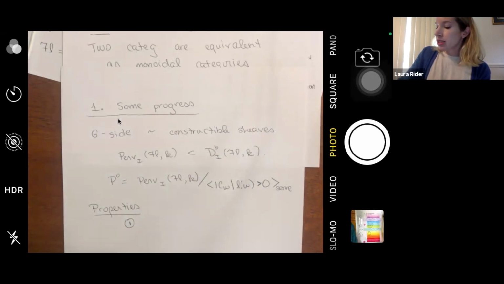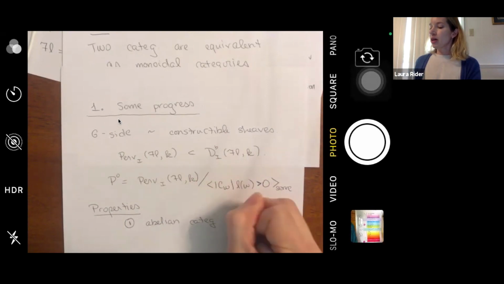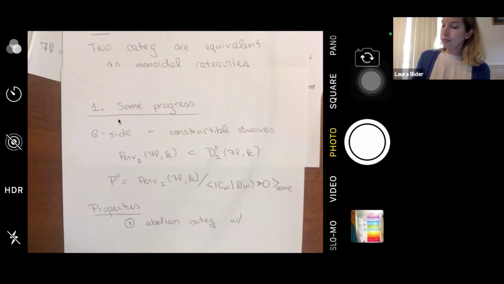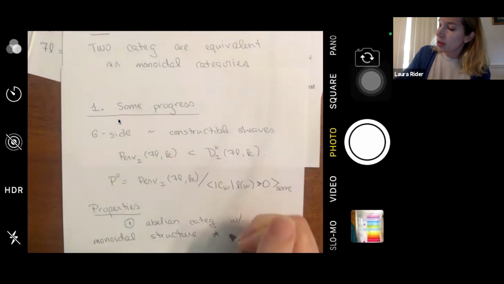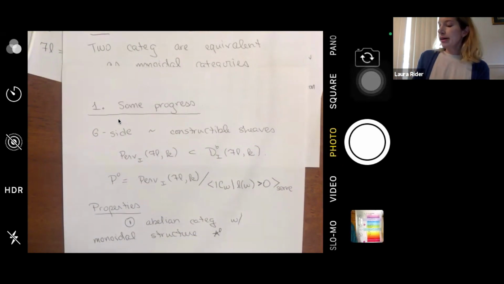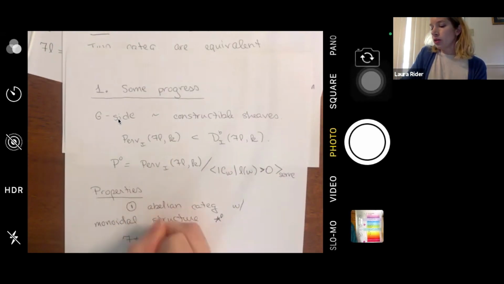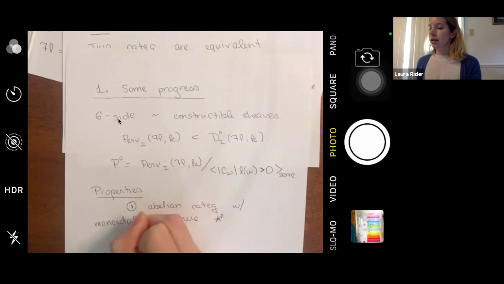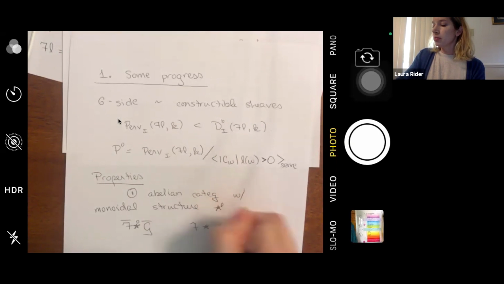Of course, this is an abelian category. I'm taking a Serre quotient. But it also has a monoidal structure. Let's call this star, but with a little 0 here. The definition of this monoidal structure is I take two objects in the quotient, and I can take lifts of them in the category of perverse sheaves and convolve them.